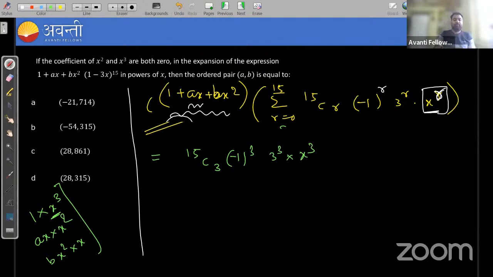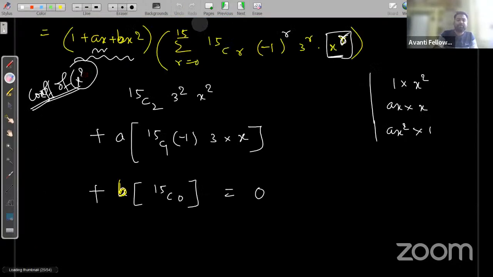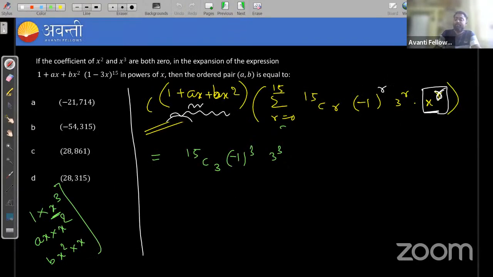Now we need to find the coefficients only, na? So we don't need to write x cube here, and also on the last page we don't need to write x cube and x. Just write all the coefficients, right? So here also 3 to the power 3 and x to the power 3 is not required.